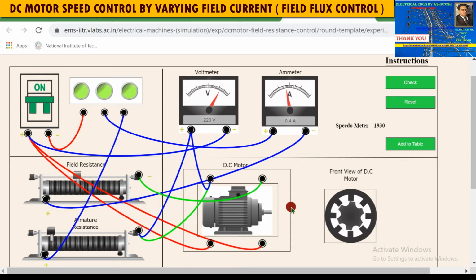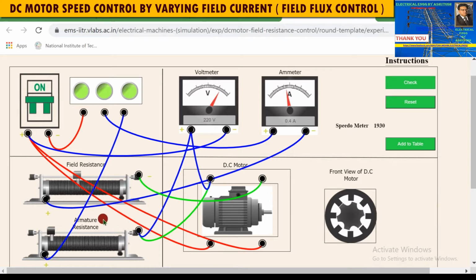We have done the simulation. You can check my electrical machines playlist. There is also another practical, the Ward Leonard control method. We have performed the simulation in virtual labs of both practicals.